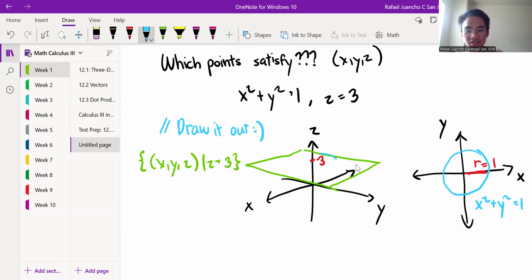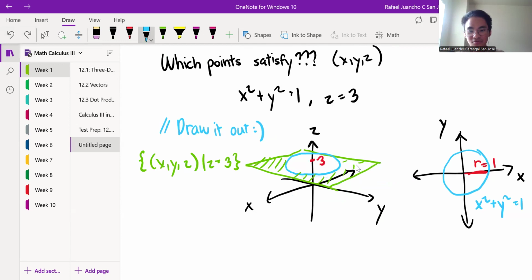Before, we just plotted it out in the xy plane, so it would be initially here.